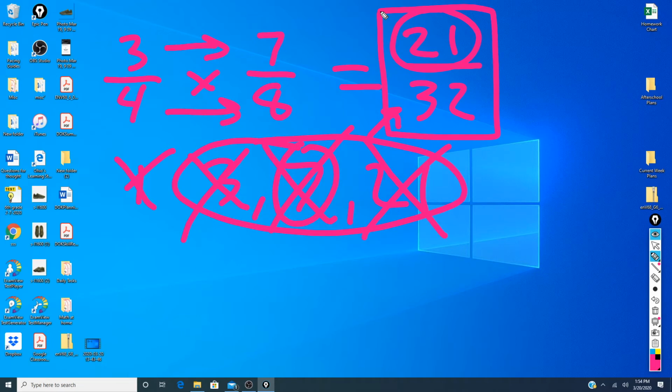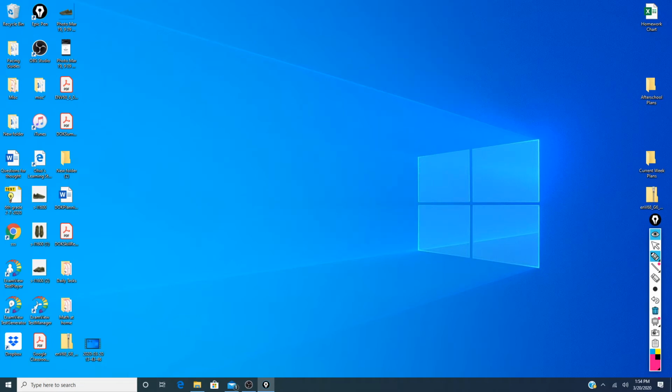Now, with that being said, let me erase my screen here. We're going to talk now about dividing fractions. So if you had 2/3 divided by, let's say, 5 over 7, the first thing you have to do, and this is going to sound kind of simple, is take what we call the reciprocal of that second fraction.